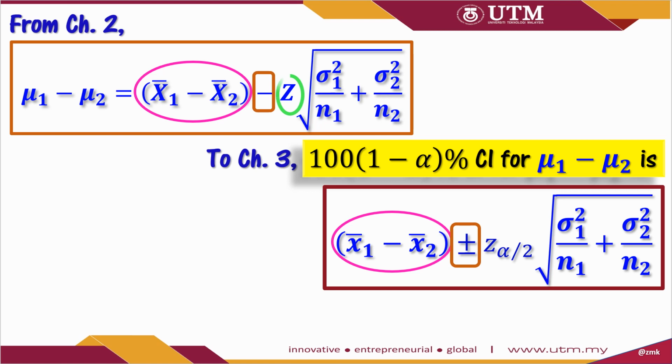The Z random variable in the above formula now changes to the value of Z at alpha over 2, that is, a Z score at alpha over 2.